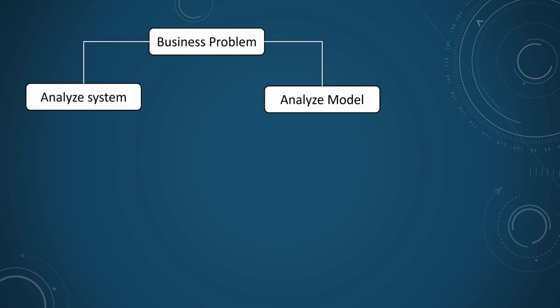In that situation, we have two possibilities. You can either observe the system as it is operating in real time and try to figure out the best solution for the problem we are facing, or you could analyze a model.